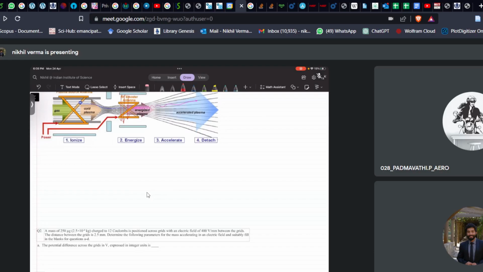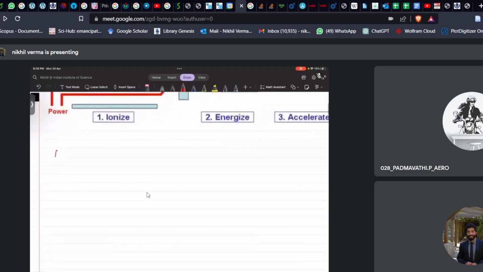To calculate this, let us write this. The magnetic field strength, denoted by B, is 0.03 Tesla, and the plasma has a charge Q which is 1.5 coulomb.